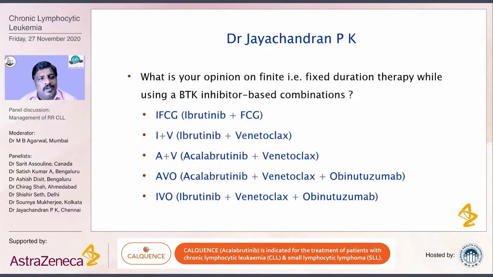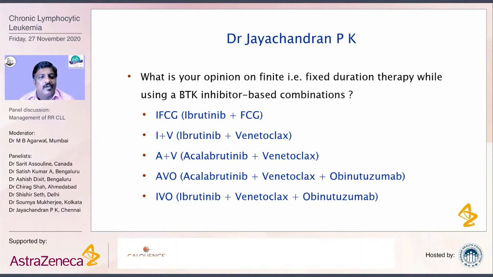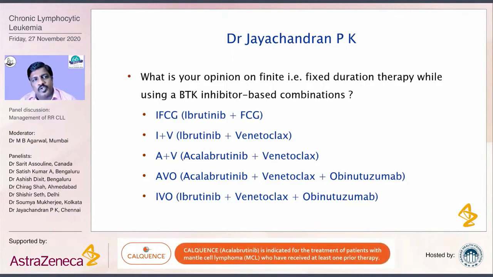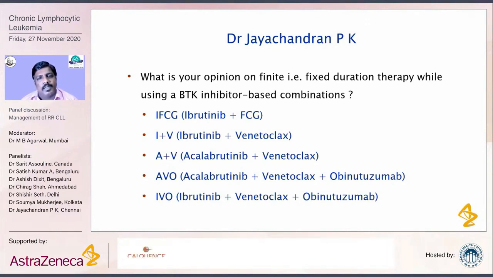So all the permutations and combinations of ibrutinib or BTK inhibitors with BCL2 inhibitors and also an anti-CD20 antibody have been tried in phase 2 clinical trials, and most of them had MRD-based endpoints, response-based endpoints.